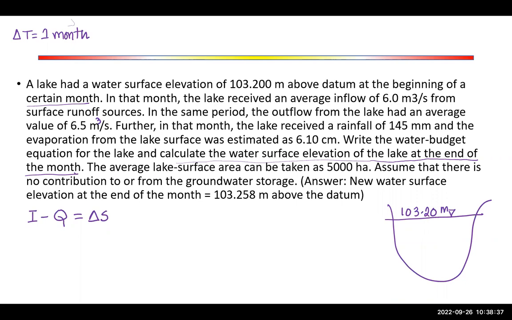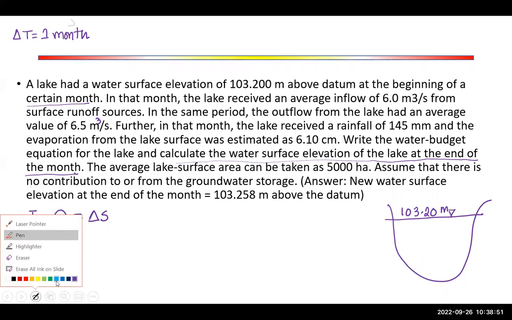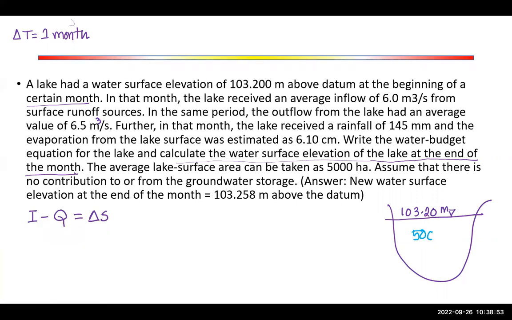Does that make sense? Do we have the area? Here, the area is fixed, so it will be easier. If for any reason the area was not fixed, then it would be a problem. But here we already know the area is 5,000 hectare, right?